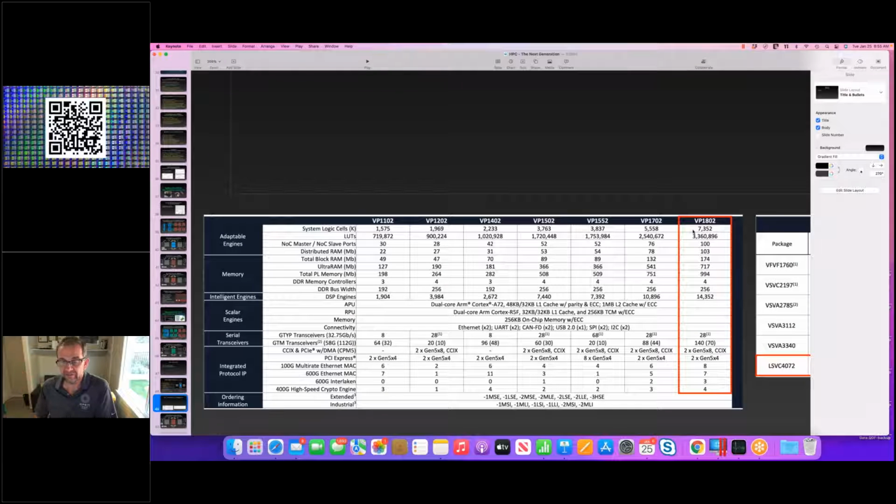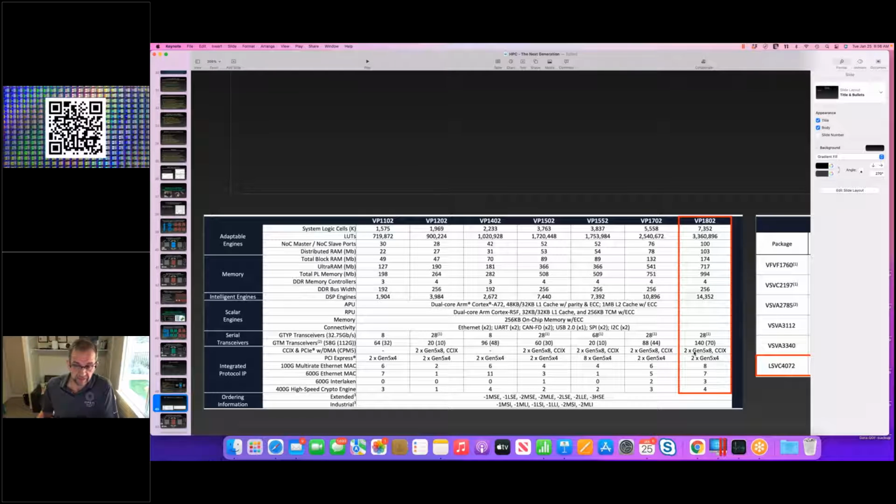The claim is over 7 million system logic cell system gates. The attractive thing here is you've got a total of 168 transceivers, so we've got a good transceiver count that can use up a good chunk of the I/O that we have on the HPCM. Still around 50 to 60%. And some of those I/Os, the 140, can actually be reduced to 70 and actually go at 112 gig. So if you do want to communicate at 112 gig, there's that possibility here as well.